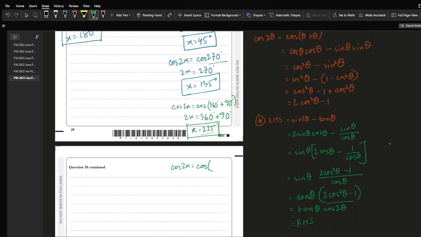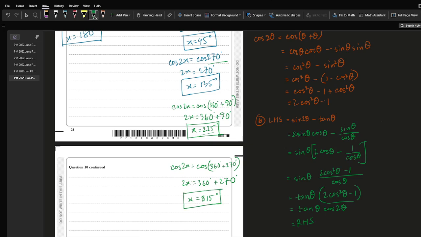Basically 360 degree plus 270 degree. So 2x is equal to 360 degree plus 270. So x is 360 plus 270 divided by 2, that's 315.